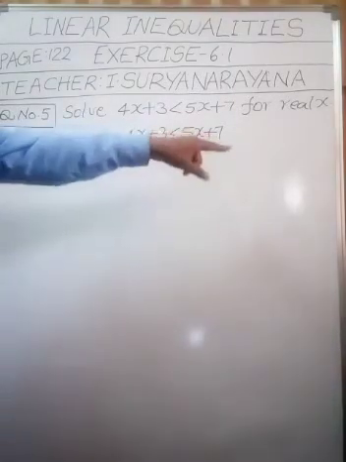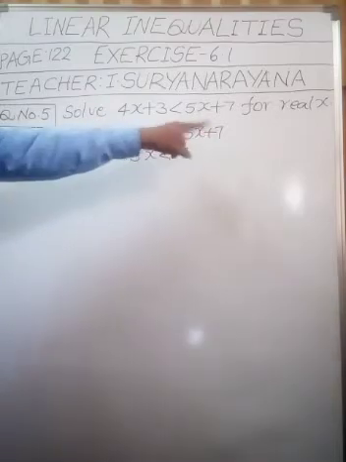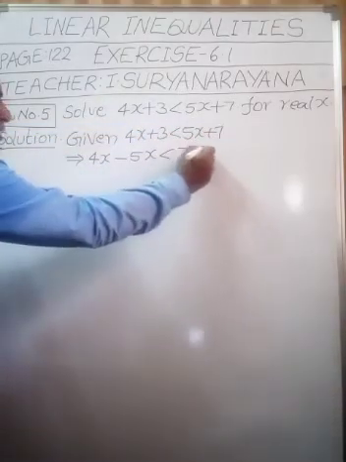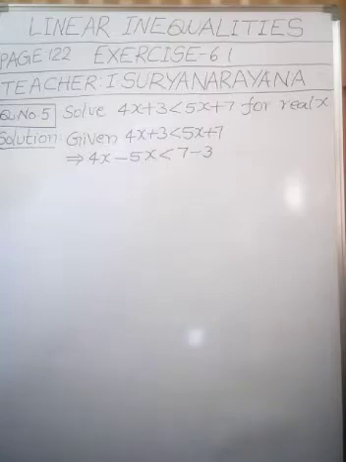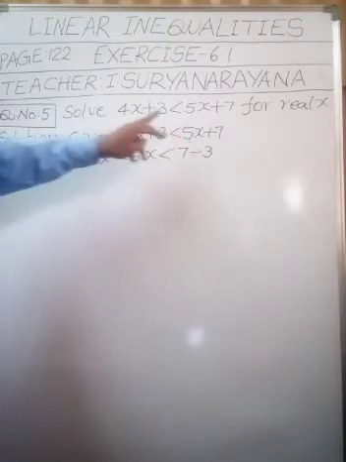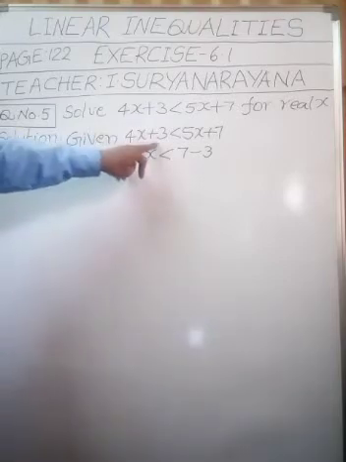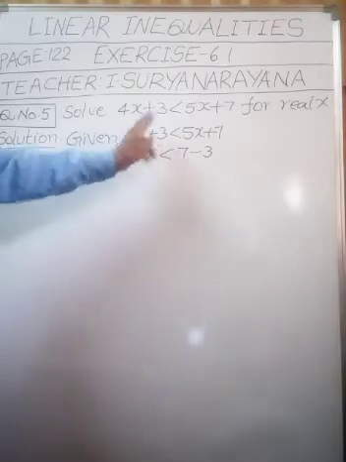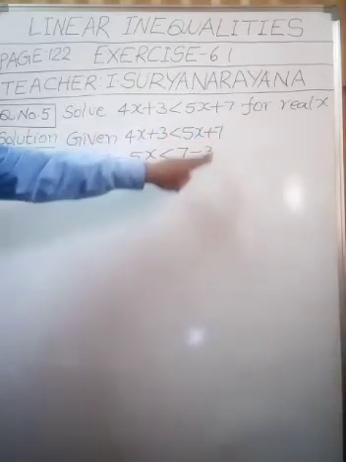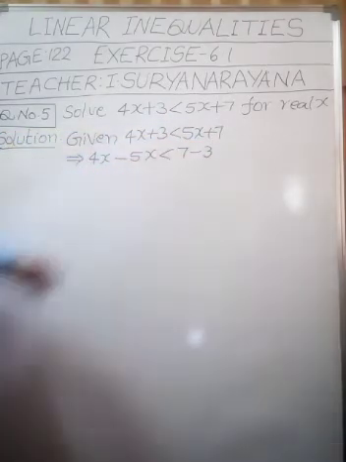We are transforming plus 3 to RHS. It becomes minus 3. Understood this step, my children? Here we have brought 5x to LHS, so it becomes minus 5x. Here plus 3 is there in LHS, we are taking it to RHS. It becomes minus 3. Understood this step, my children?